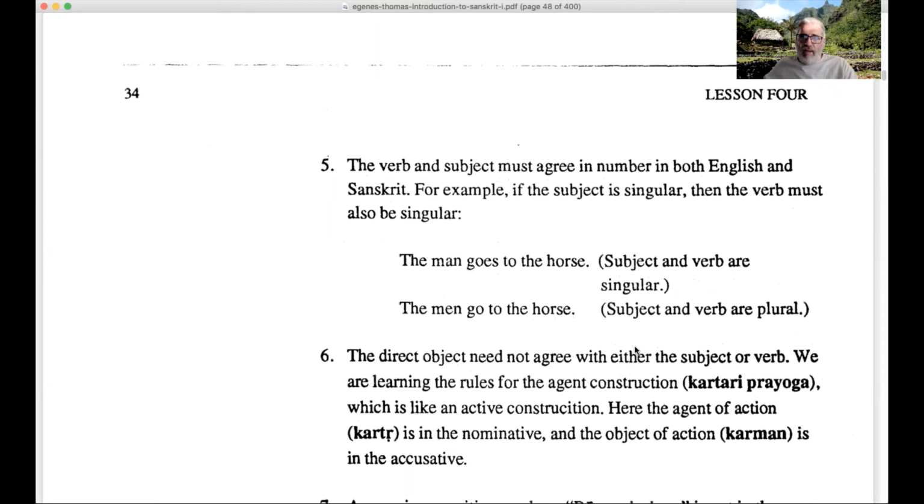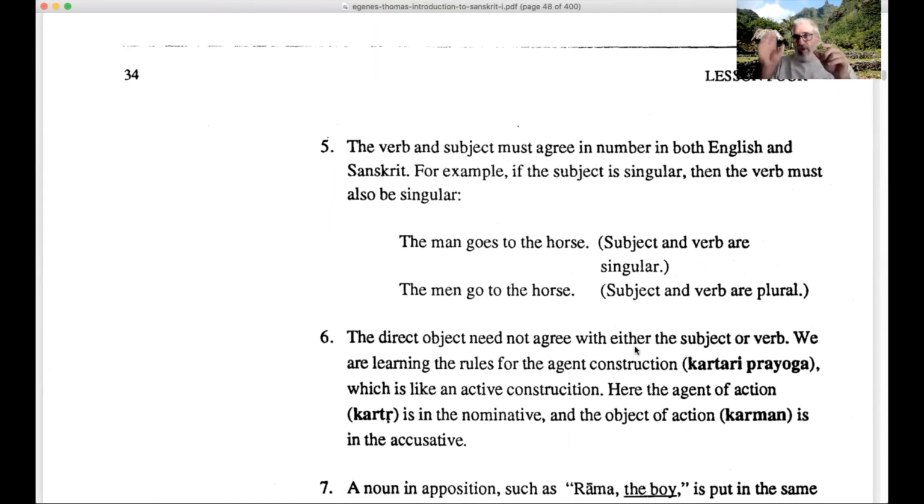Now, the verb and subject. So ashvaha gachati, the horse goes. The horse is the noun, and gachati is the verb. The verb gachati and the horse have to agree. If you want to make a proper sentence, they have to be in the same number. If I say ashvaha gachati, that means one horse goes.